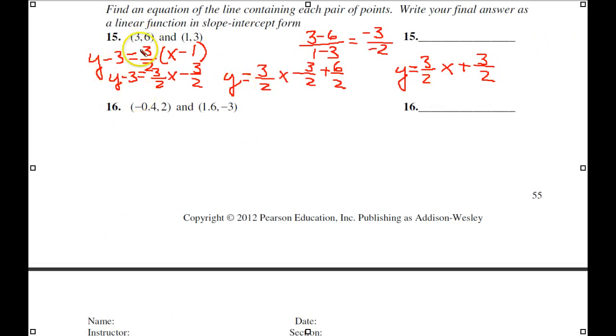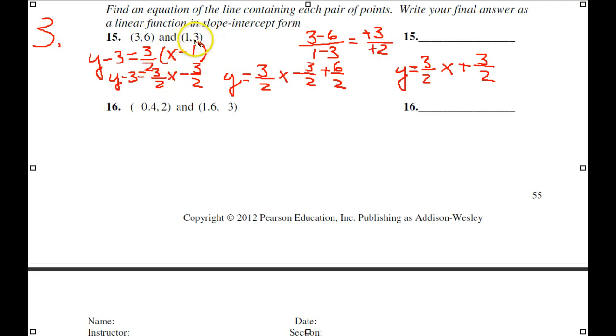All right, here's a case where they're giving you 2 points and no slope. So we can use formula 3, which is the slope formula, which I've used here. 3 minus 6 over 1 minus 3 gives me a negative 3 over a negative 2, which becomes a positive 3/2. And I could use either of the points.